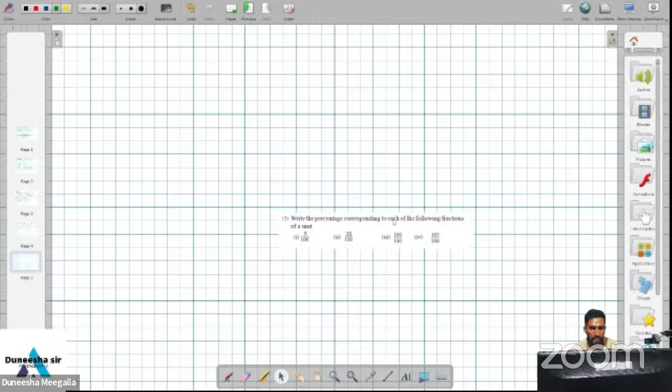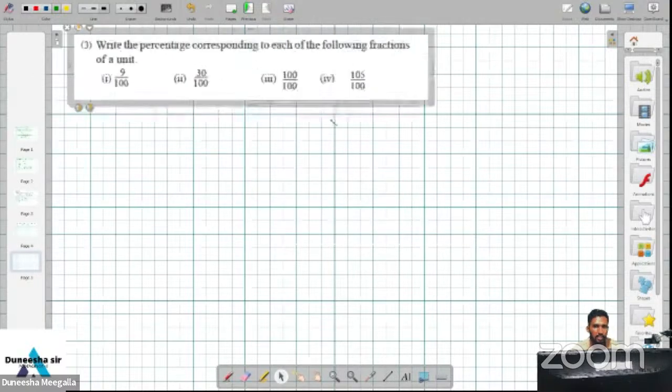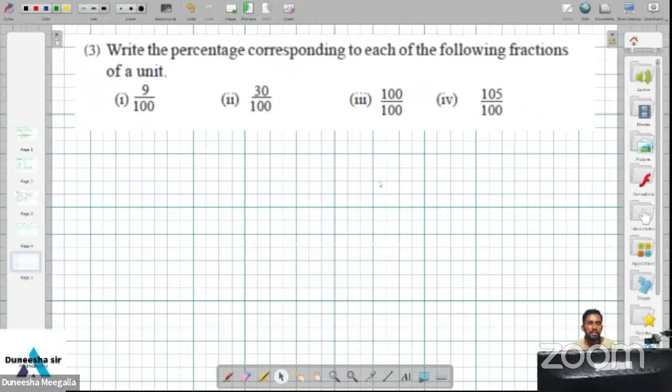Next, can you do this one? Write the percentage corresponding to each of the following fractions. What is the first one? How much is the percentage? 9%.